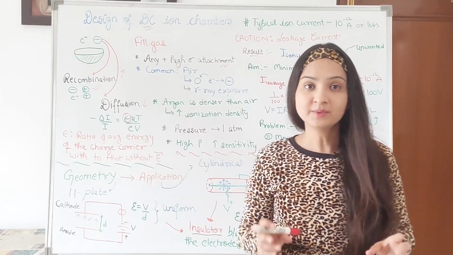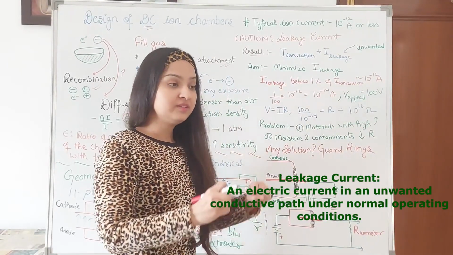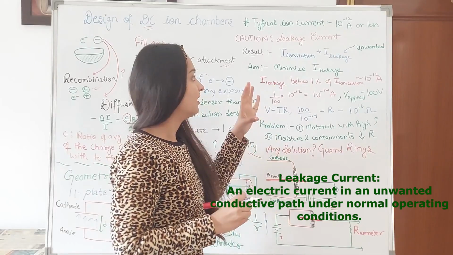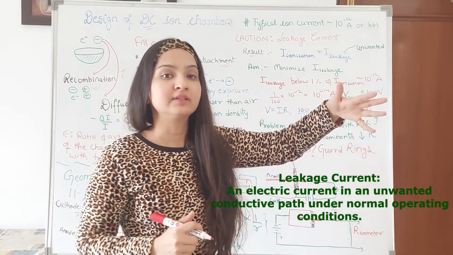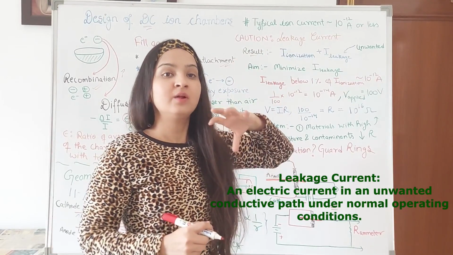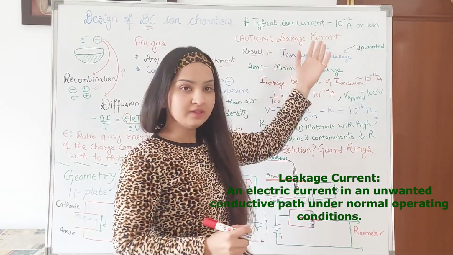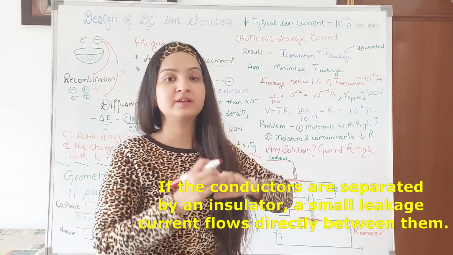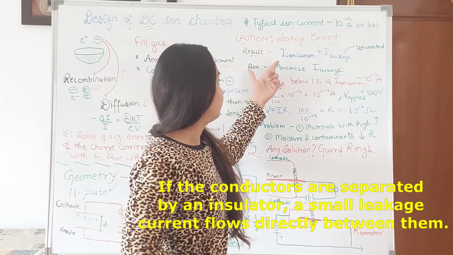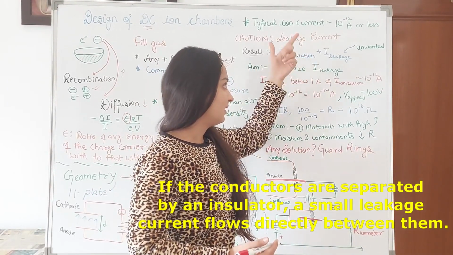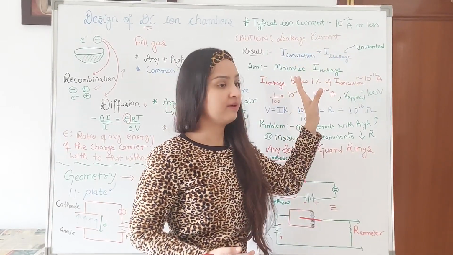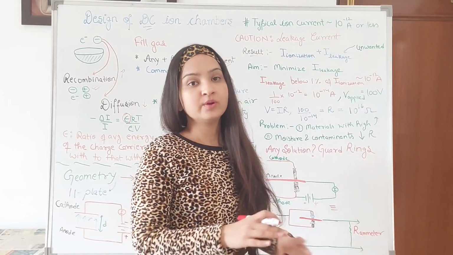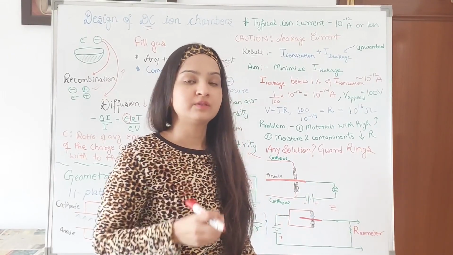So whether you want or not, some amount of leakage current through the insulators you will be getting, which will be adding into this, so that your measured current will be more, and the result is that you will be getting ionization current plus current due to leakage, and this comprises an unwanted component which you do not want your ammeter to measure.